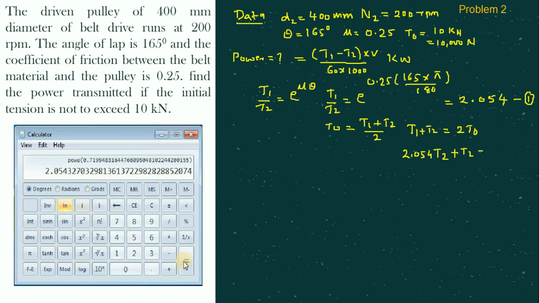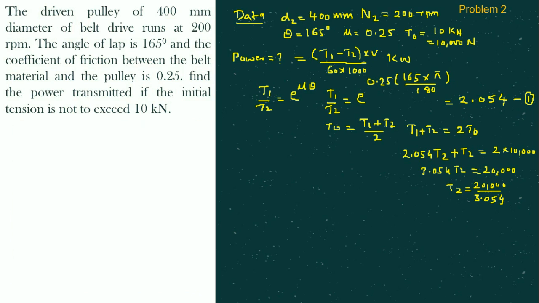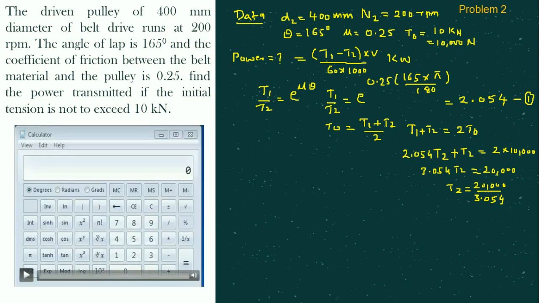This I am taking from equation 1, plus T2, which is equal to twice 10,000. So together it will be 3.054 T2, which is equal to 20,000. So now the T2 is nothing but 20,000 completely divided by 3.054. So let's calculate this one.